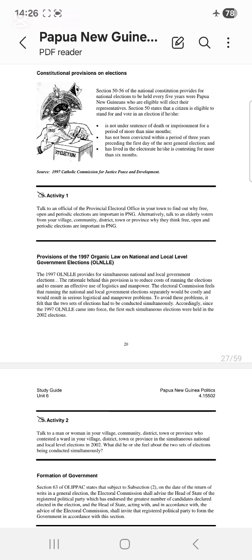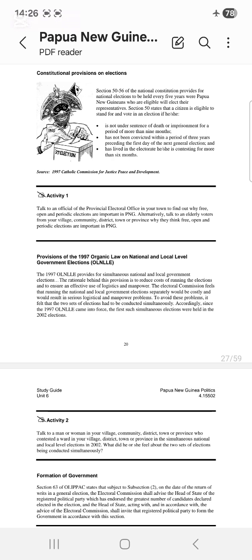So when you talk about elections, it's also important to discuss and understand the organic law in relation to elections. For example, here let's look at the constitutional provision for election.